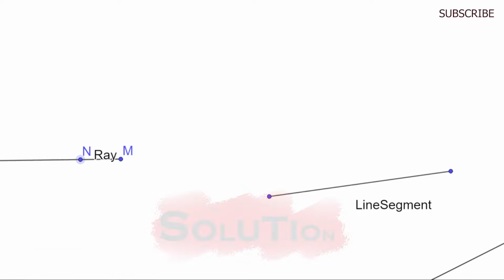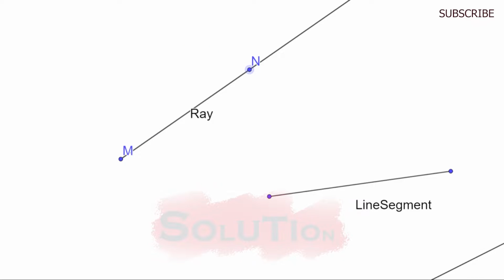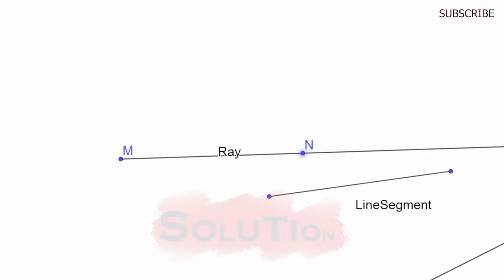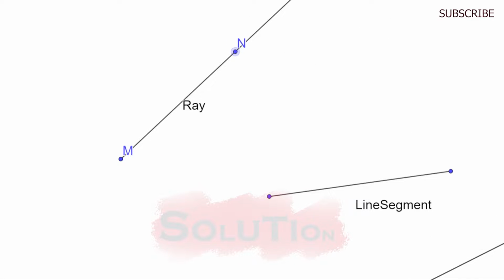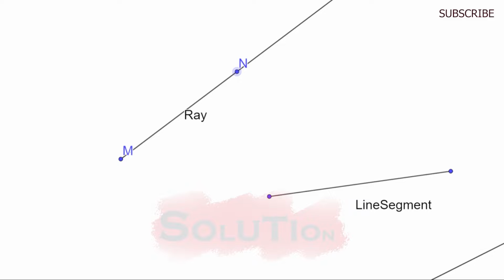From M it is starting, and now it is going towards east. From M it has started and it is going towards north. From N it has started and it is going towards west. From M it has started and it is going towards south. So this is a simple example of a ray.